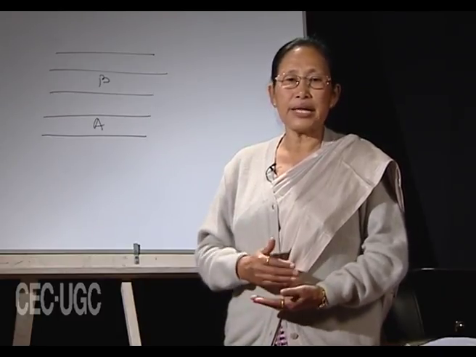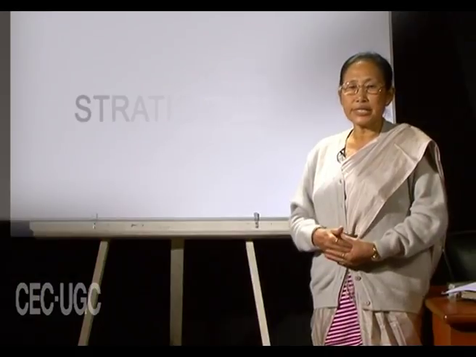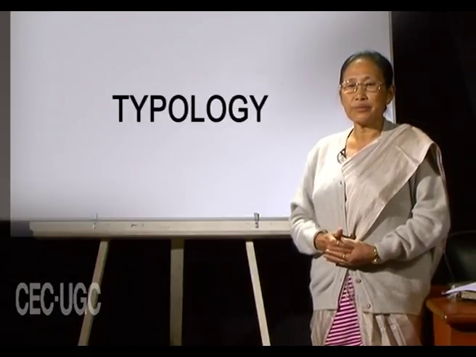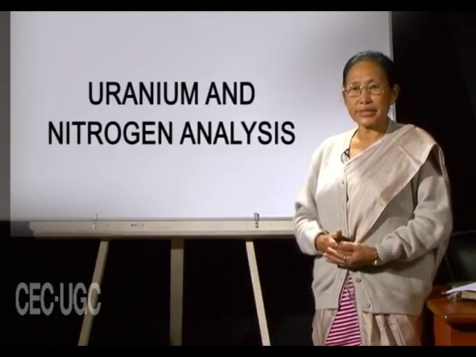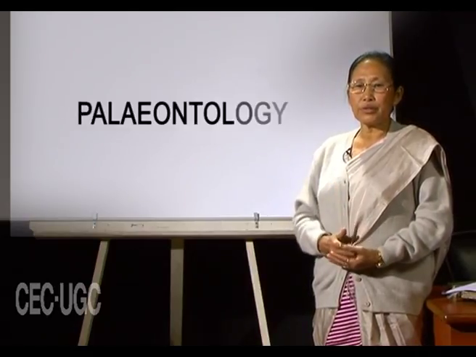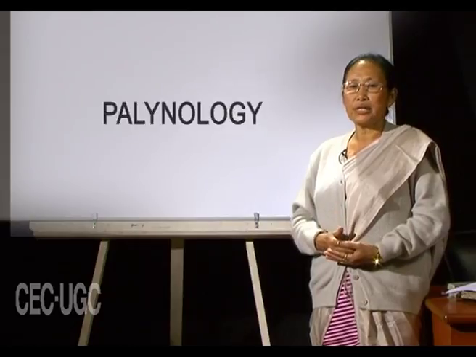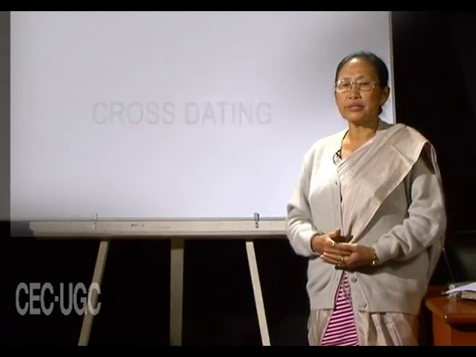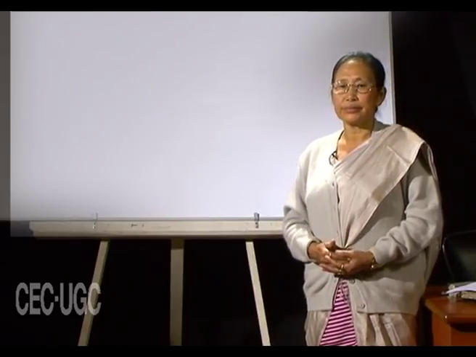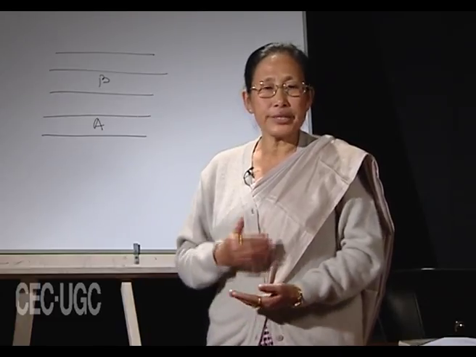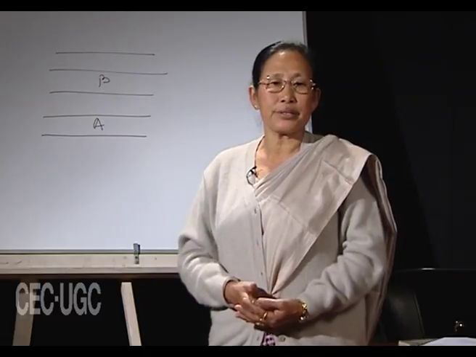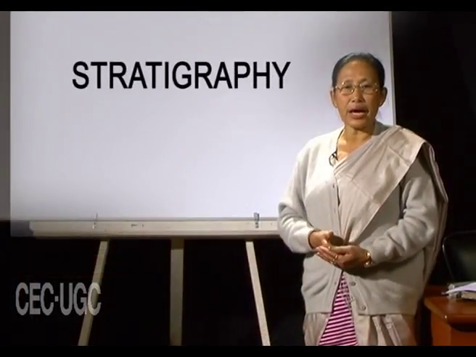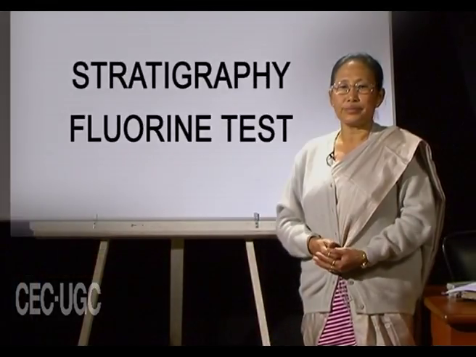Some of the relative dating methods are stratigraphy, typology, fluorine tests, uranium and nitrogen analysis, paleontology, palynology, cross dating and sequence dating. However, our discussion will be restricted only to two types of methods, that is stratigraphy and fluorine tests.